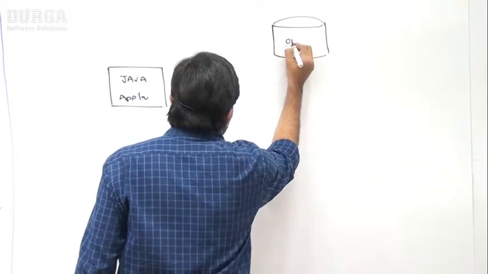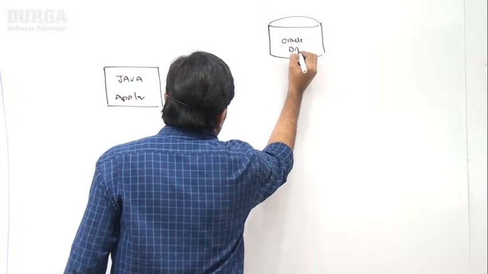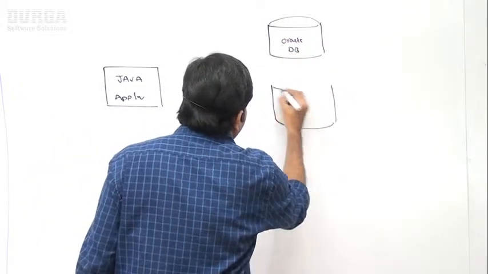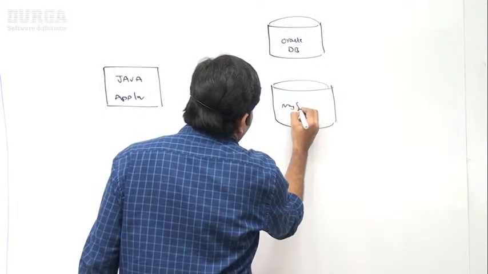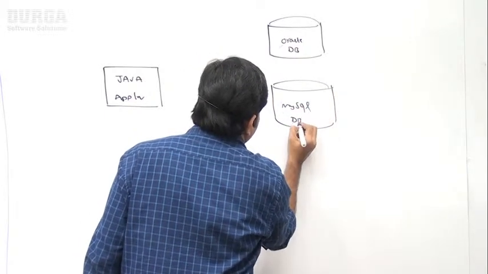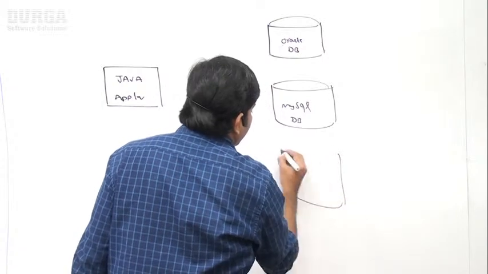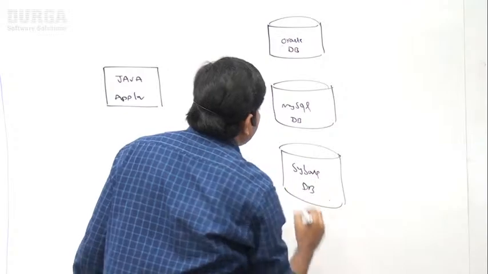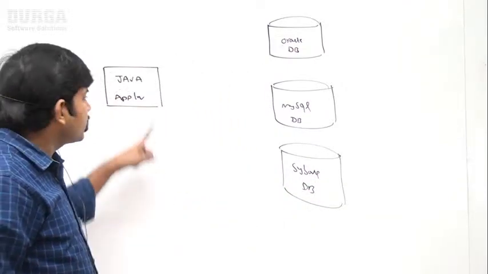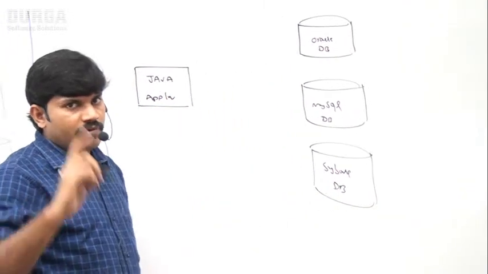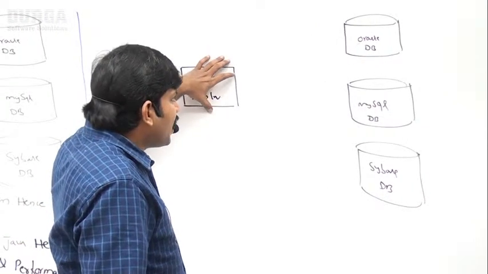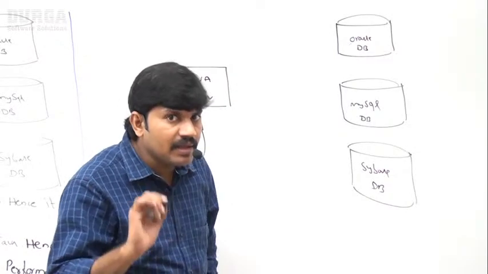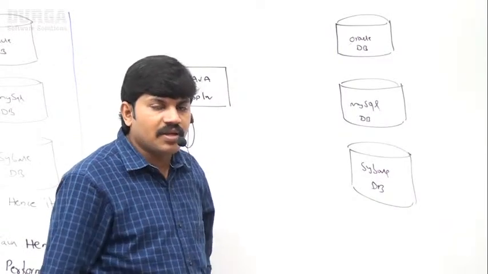I also have a MySQL database and a Sybase database. How many databases are there? Three databases. How many applications? Only one application. If a Java application wants to communicate with the Oracle database, earlier I chose the ODBC driver.